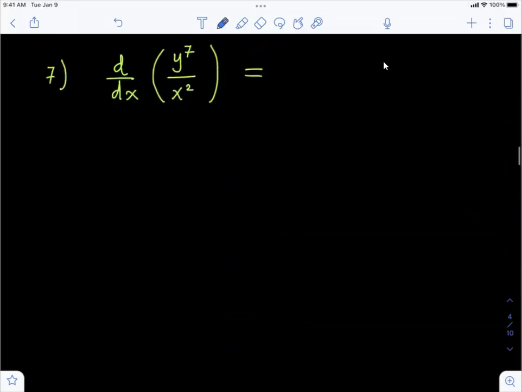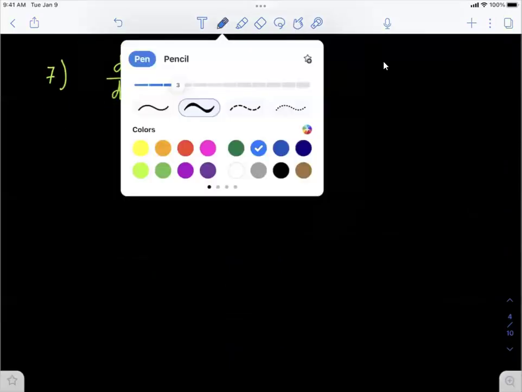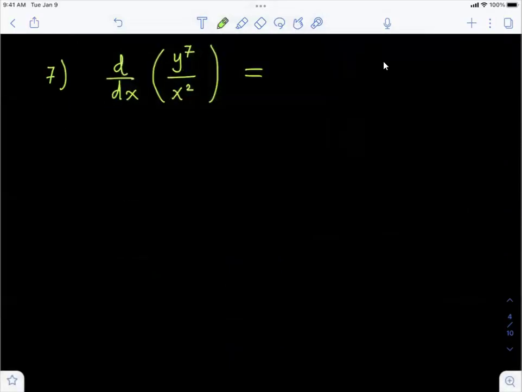How do you perform the computation of the derivative of y to the 7 divided by x squared? Nothing new, it is just the same. First of all, this is a quotient, therefore use the quotient rule. First, you need to take the derivative of the top.